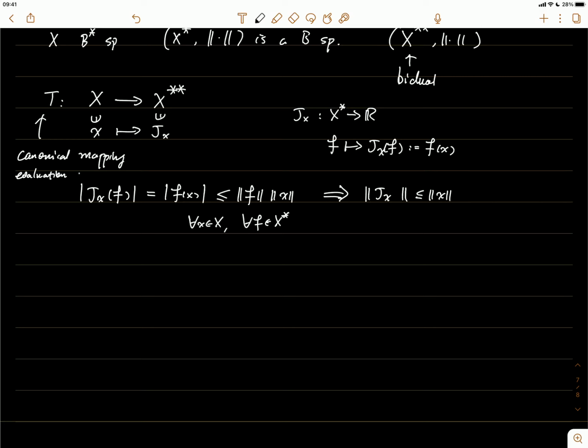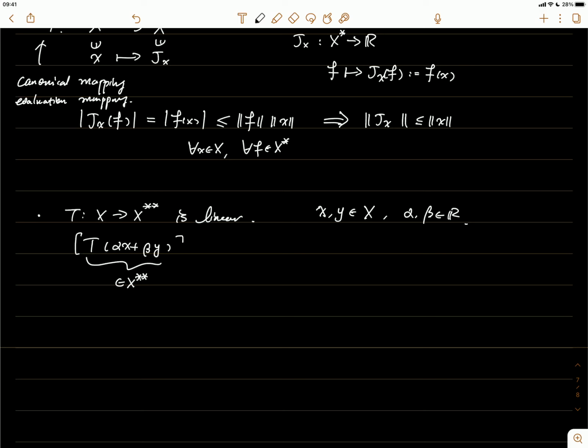Remember that this is a mapping in X double star, or in the Bidual. So how do we show what this element of the Bidual is? We just need to evaluate it at any element f in X star, in the dual space. I shouldn't have erased that one earlier.